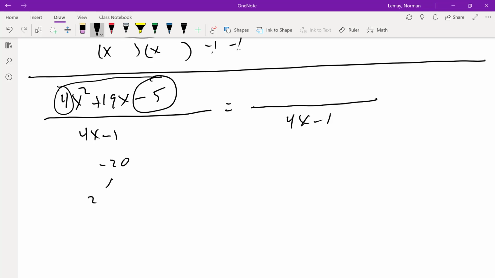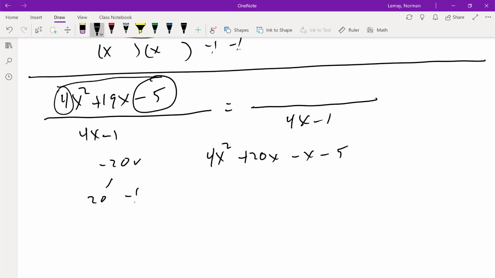I'm taking a look at 20 and negative 1 perhaps. Notice that 20 times negative 1 gives me negative 20, so that works. And 20 minus 1 gives me the middle term that I'm needing. So I can rewrite this as 4x squared plus 20x minus x minus 5.